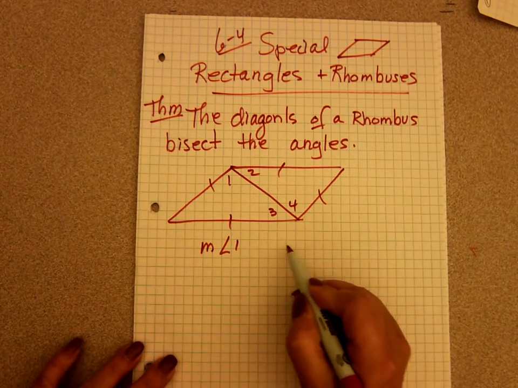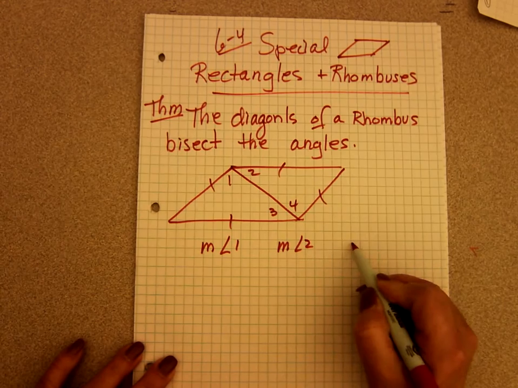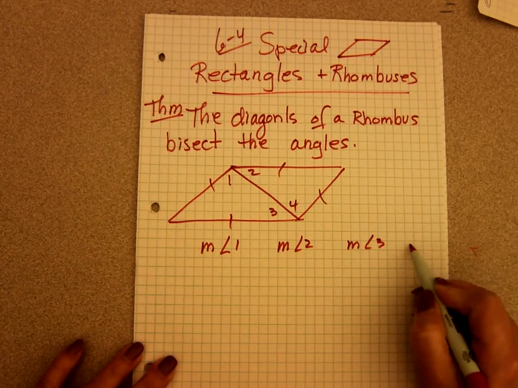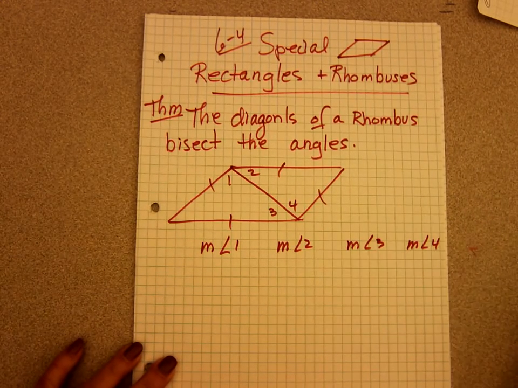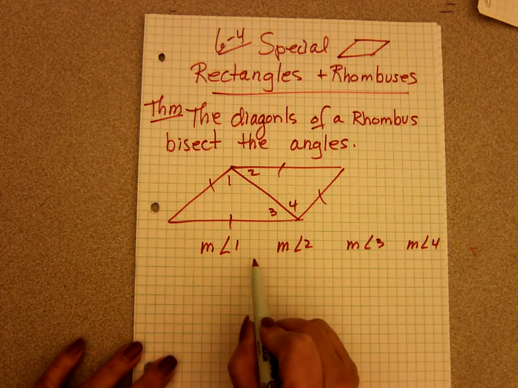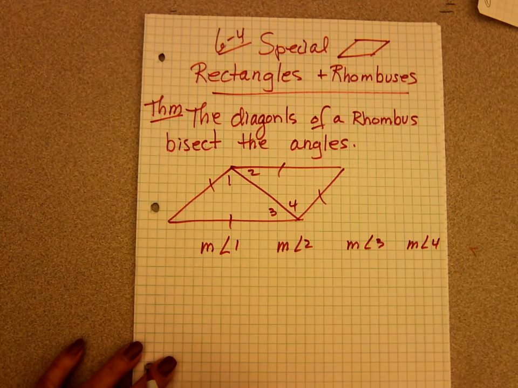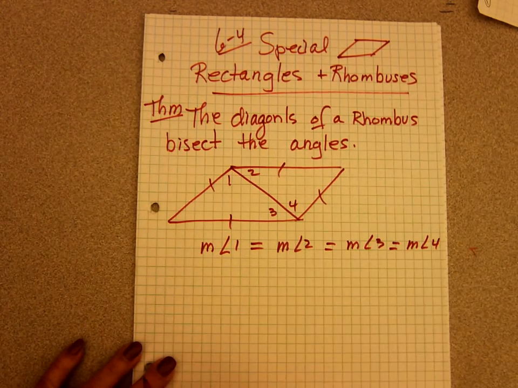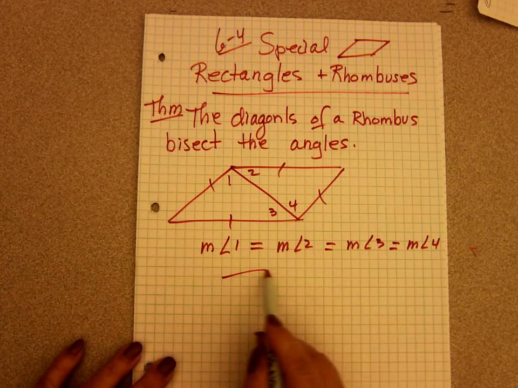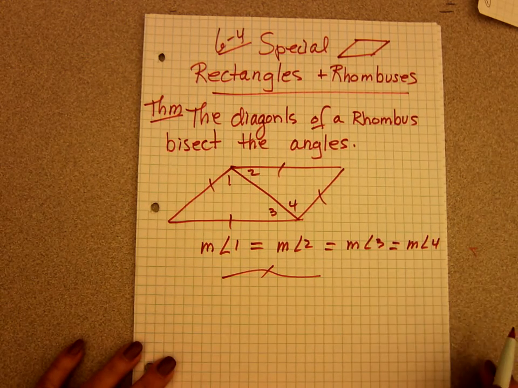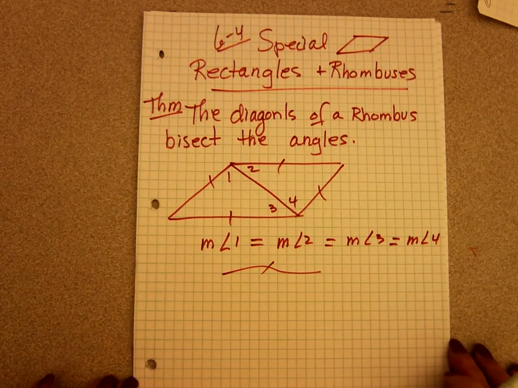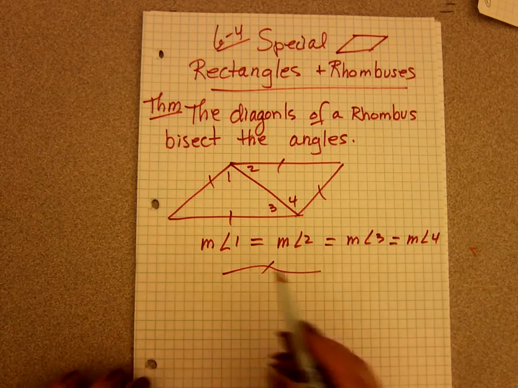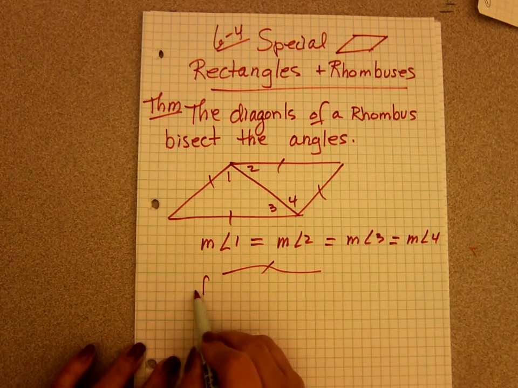Measure of angle 1, measure of angle 2, measure of angle 3, measure of angle 4. What kind of a symbol am I going to put in between here? Right, an equal sign. So that's the theorem. Let's use that theorem now to find angle measures.